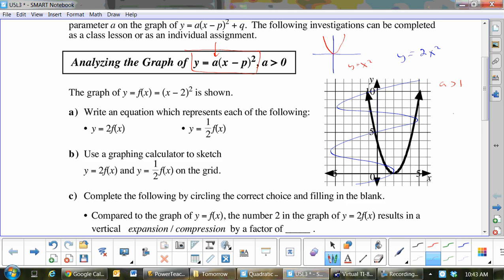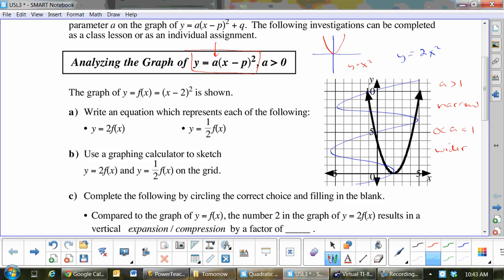I mean, that's what it looks like if you looked at it from the sides, but we're not really squishing it. So if A is greater than 1, let's not call it a squish. Let's call it narrow. It is narrow, okay? Because I am pulling. Now, if A is between 0 and 1, that's called a proper fraction, like 3/4, 1/2, 2/3, anything like that. It gets wider.